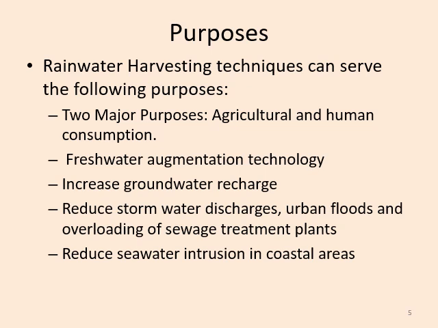It also reduces seawater intrusion in coastal areas. If the stormwater is flowing down to the sea during heavy rainfall, the seawater will intrude into the coastal areas, so that will also be reduced.